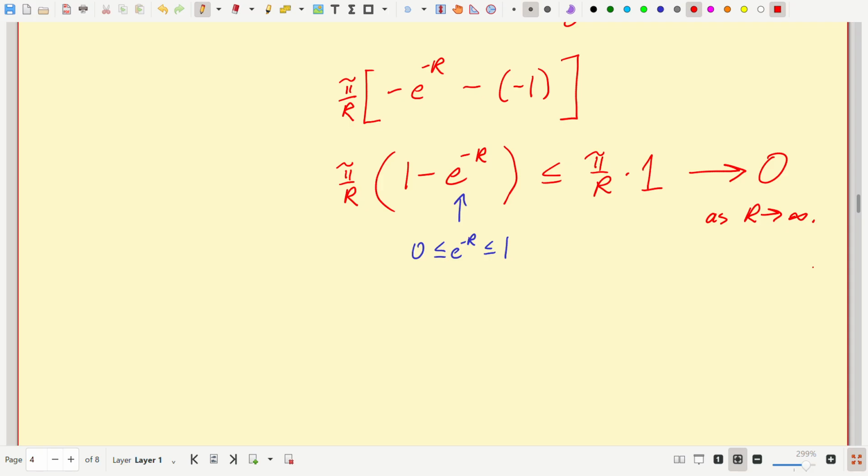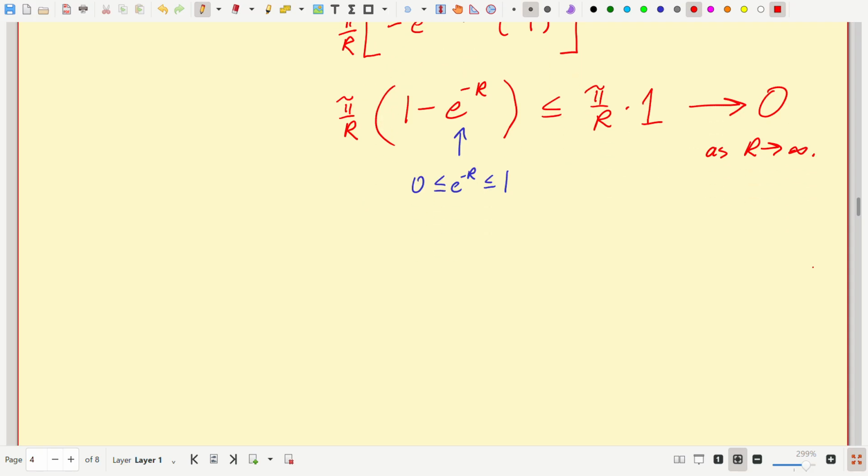So next, number 4, I need to do the little circle, and that's, let's see, on minus C sub epsilon, I'll parameterize C sub epsilon as epsilon, usual.